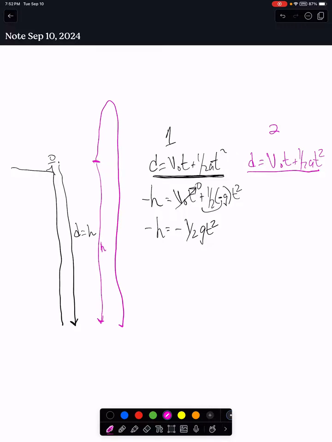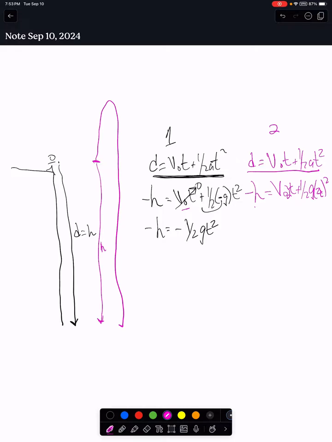It still fell a displacement of negative H, which equaled V naught, the unknown, not assigning anything to it, T. I think I said that for over here, didn't apply, there is no V naught over here, sorry. It didn't take time T, it took time 2T for this event to happen, plus 1/2 G 2T squared. That's a T I jammed in right there.